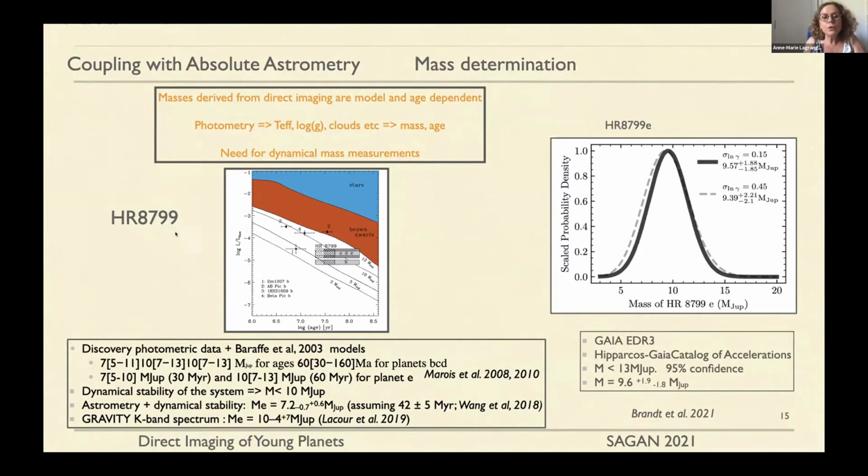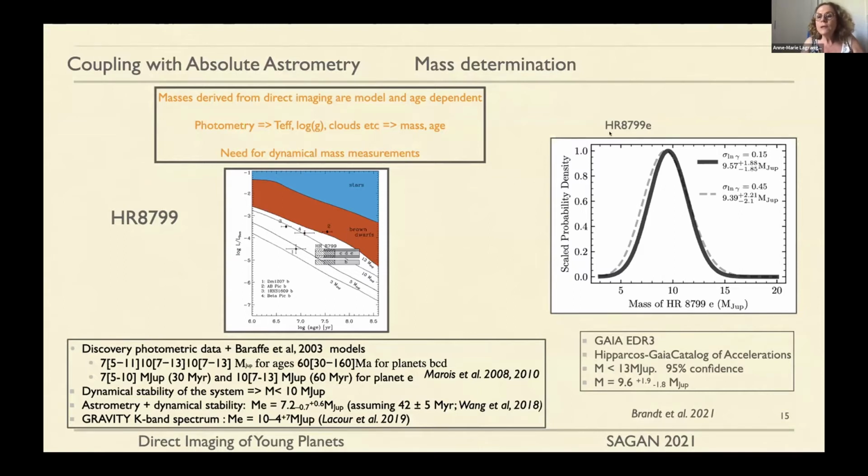For instance, in the case of the HR 8799 system, when it was discovered, there were quite large error bars on the masses of the planets because the mass of the system was not precisely known.